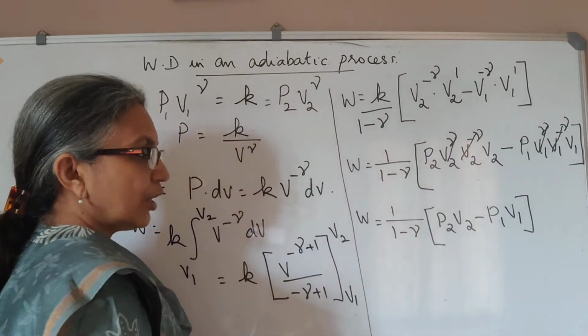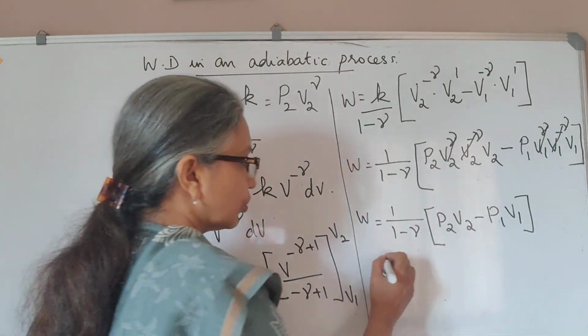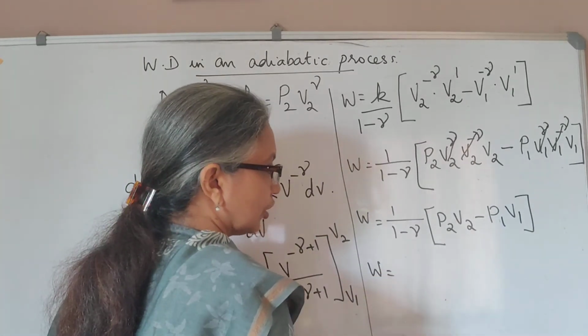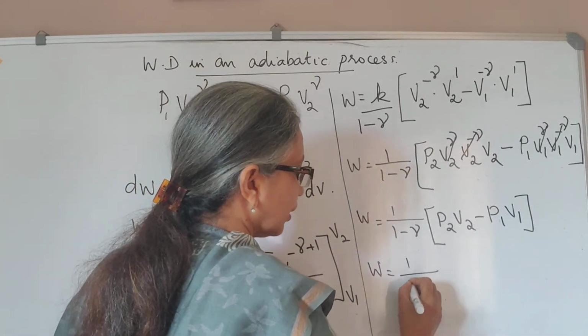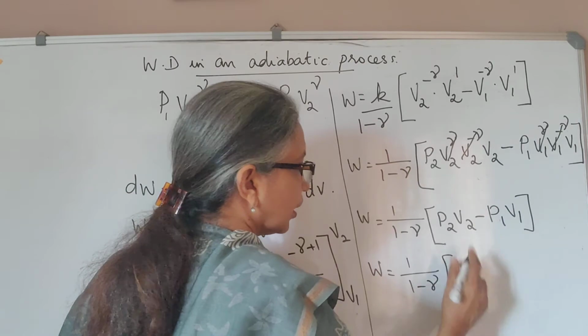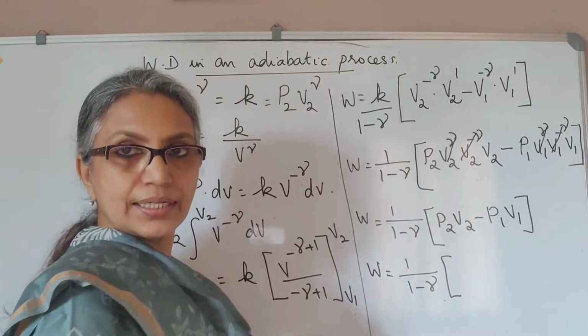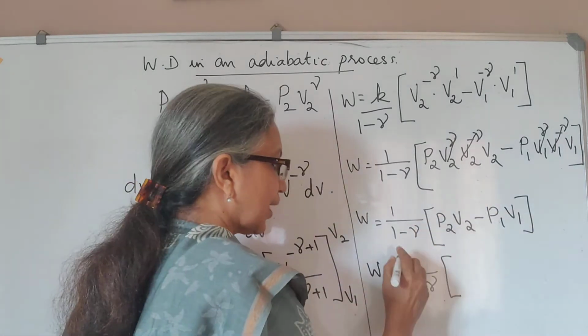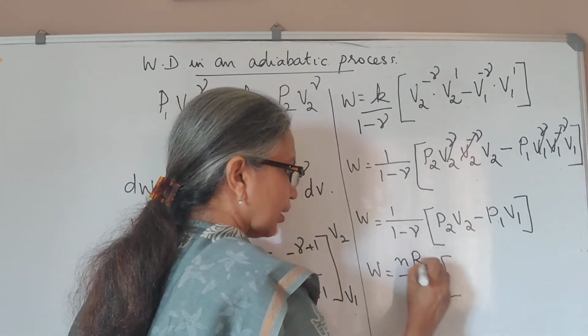As you know, PV equal to nRT, right? So using that, W, work done, is equal to 1 by 1 minus gamma. PV I may write as nRT, where n and R are constants. So for both terms, I will take the nR outside.